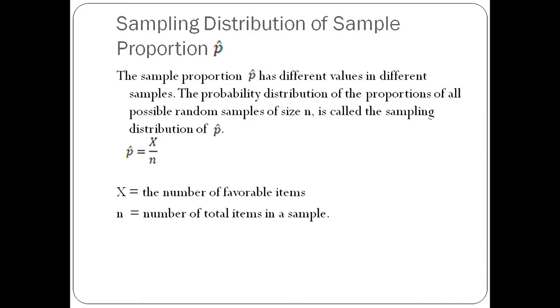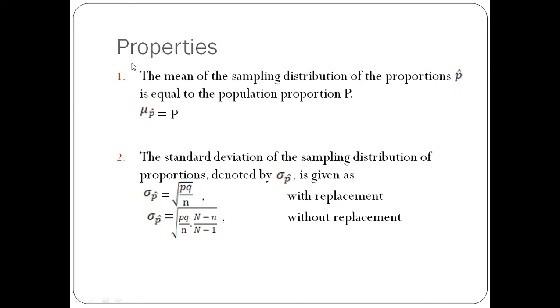So here are again two main properties of sampling distribution of proportion. First property is the mean of the sampling distribution of proportion is equal to the population proportion, capital P. Population proportion is represented by capital P, and the mean of the sampling distribution of proportion is represented by mu p cap.